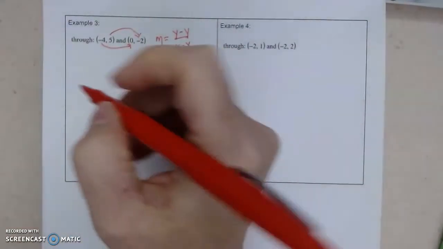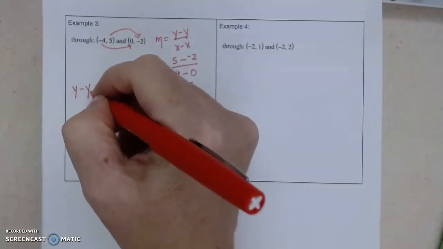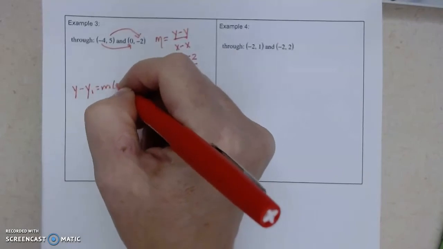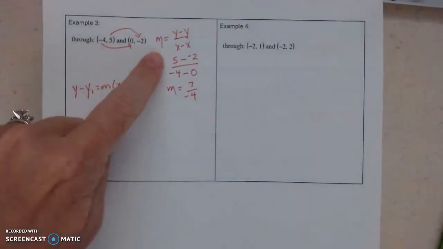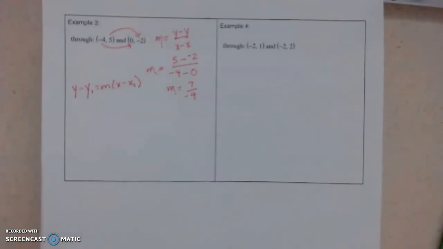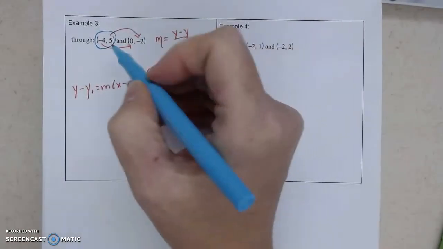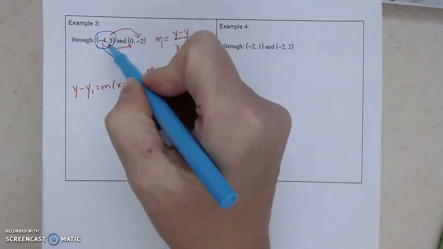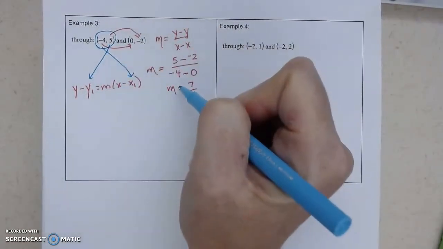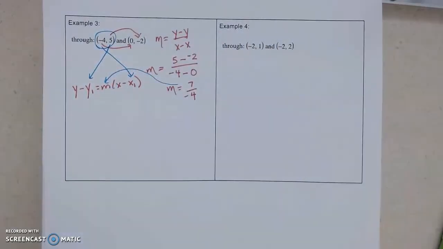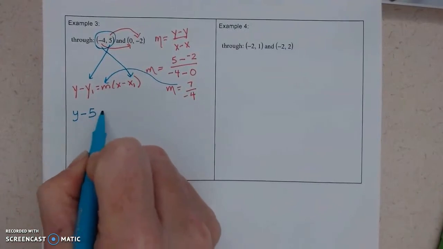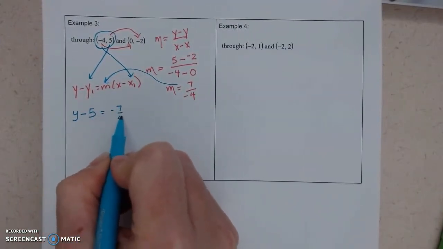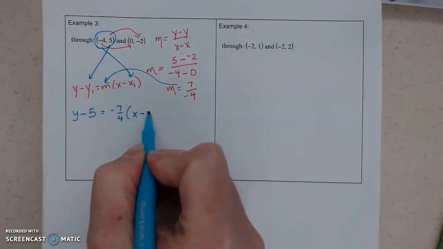Now, if I want to use point-slope form, you get to pick either one of those points to use. I'm just going to pick the first one. So I've got x, y, and we know our m. So y minus y equals m times x minus x.